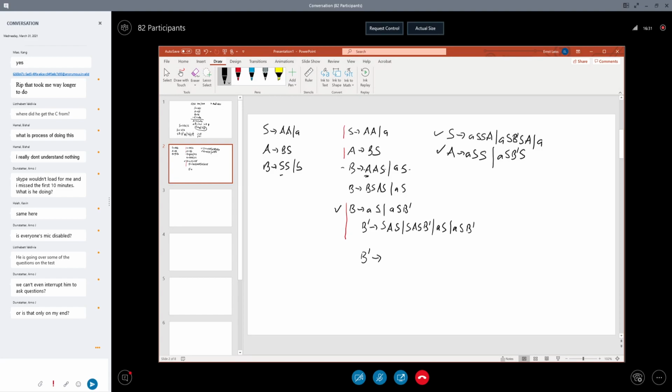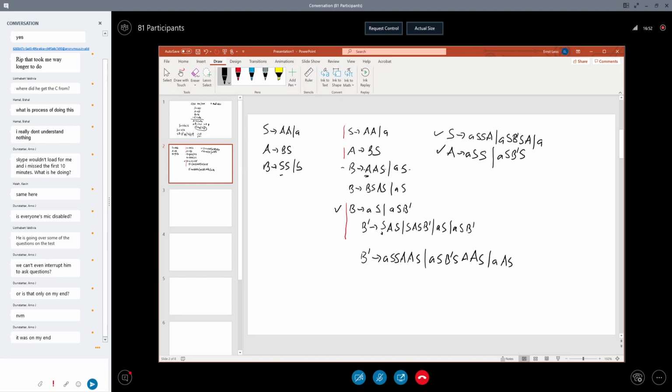So we have these three S productions: A, S, S, A, S, and A, S, B prime, S, A, and A, S. So we plugged in those three right-hand sides for that S, and then we plug it in for this S. So this is A, S, S, A, followed by A, S, B prime.